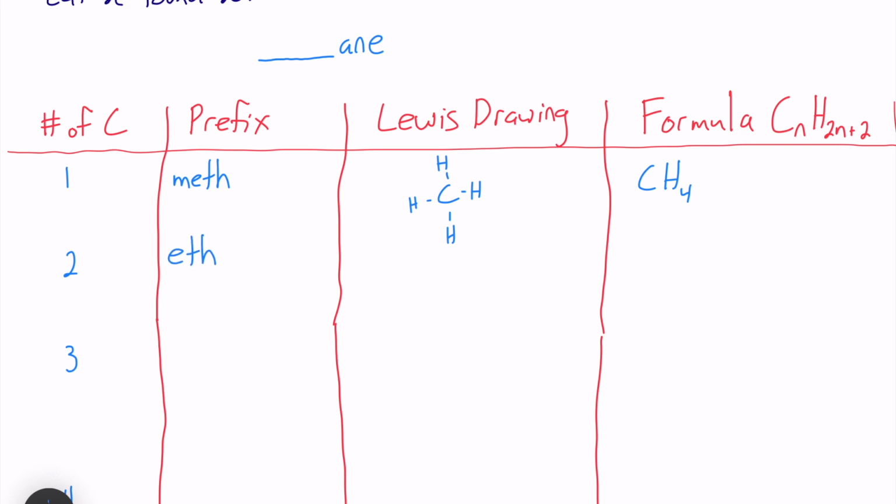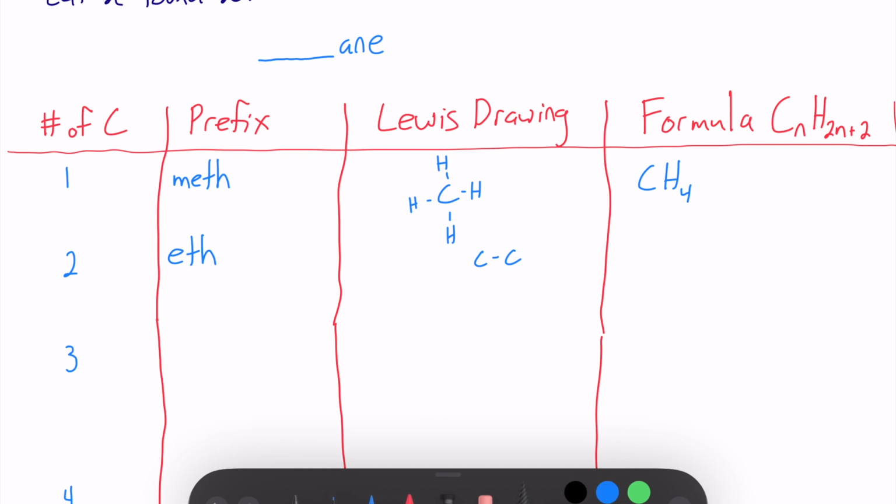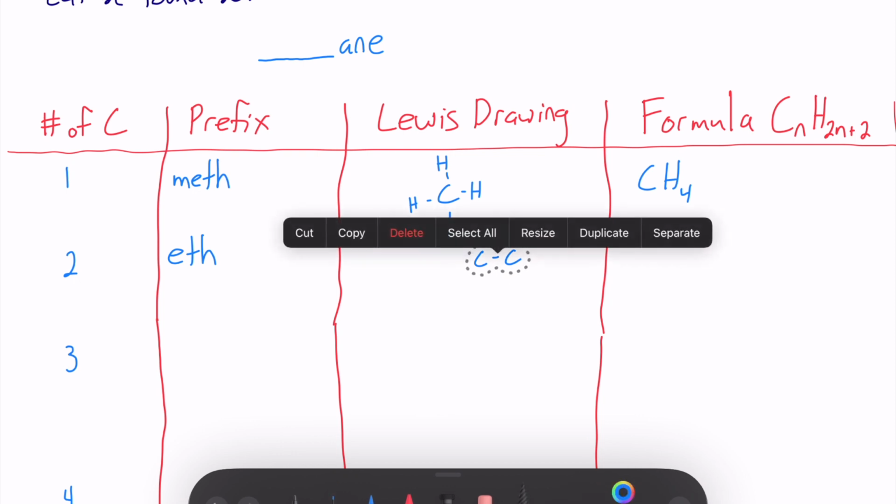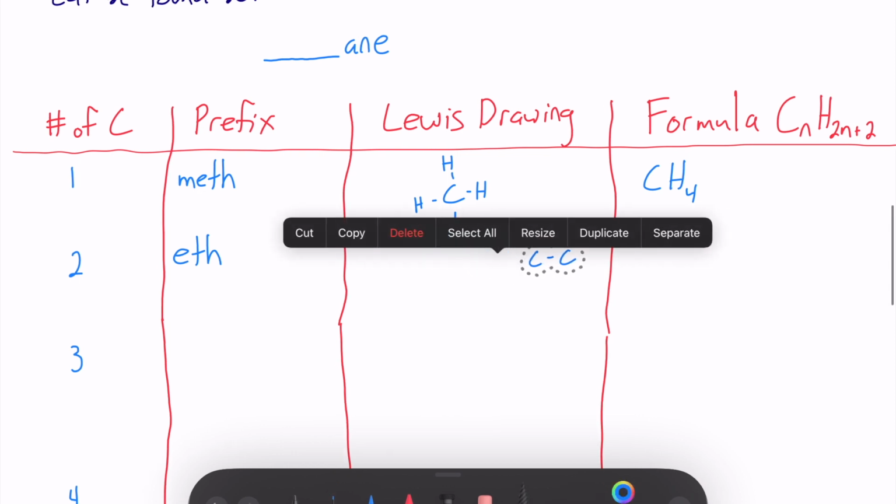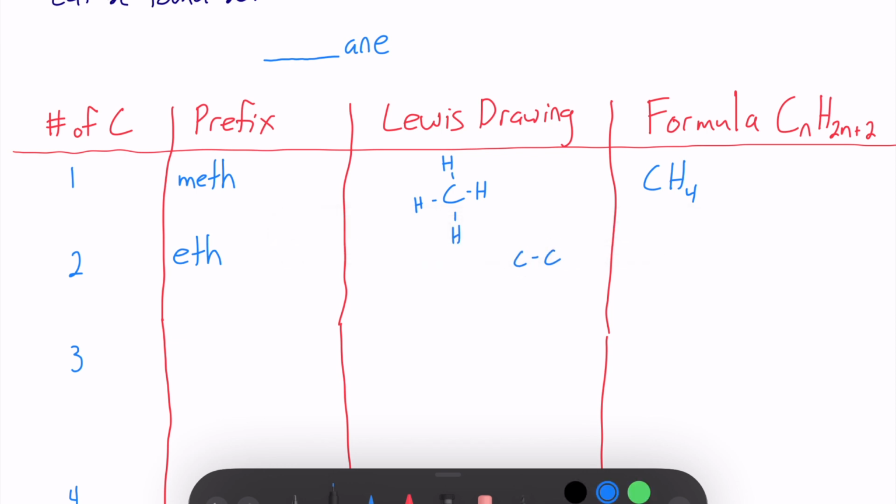And if we have 2 carbon, the prefix is going to be eth, E-T-H, and the Lewis structure will look like this. We have 2 carbon in the middle here. I'm just going to move them over a tad. We do have more room. There we go.